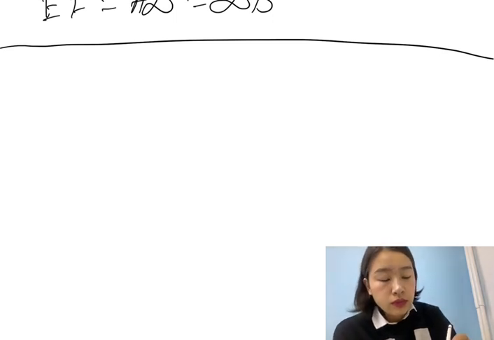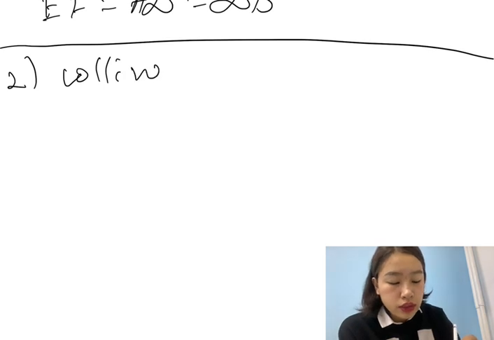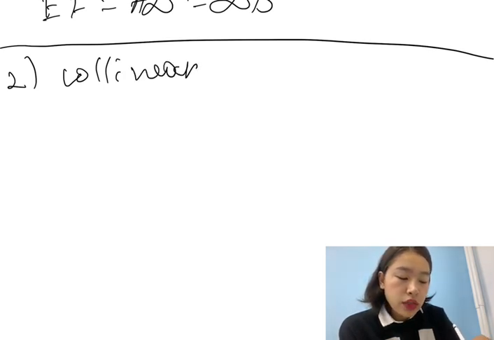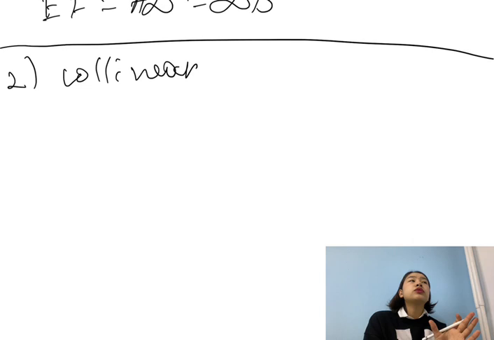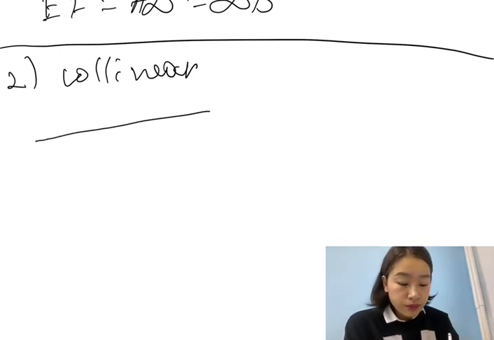We said that we have the different types. The first one was the equal vectors, and the second one will be the collinear vectors. What is a collinear vectors? Collinear vectors are the vectors which lie on the same line and have the same direction and are parallel.